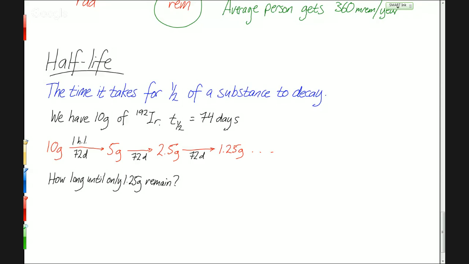You count it out and you say, okay, there's 5 grams after 72 days, 2.5 grams after another, which is 144 days, and then another 72 days is 1.25 grams. So that's going to be 3 half-lives, which is 3 times 72, or 216 days.